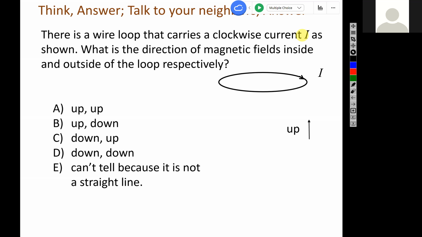Okay, I'll give it a shot. If you use your right hand rule and point your thumb towards the current and wrap your fingers, it's going to go into the curve first, so that will point down, and then if you curve it on the other side, it'll be up. Yep, exactly. You made that very simple.